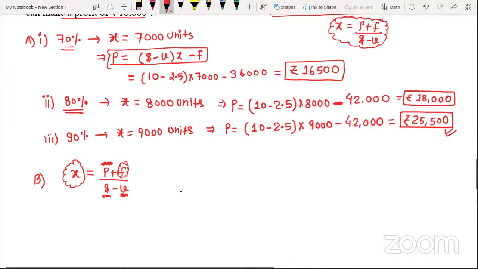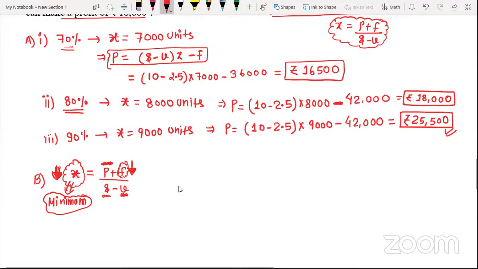Okay, so since you have to reduce this value of x, since you have to make it minimum, they are asking how much minimum they must produce to make a profit of 18,000. So since it must be decreased, many of the students will think that this f value should also be less, and you are right. Okay, this f value should be less, so that we can reduce the value of x here.